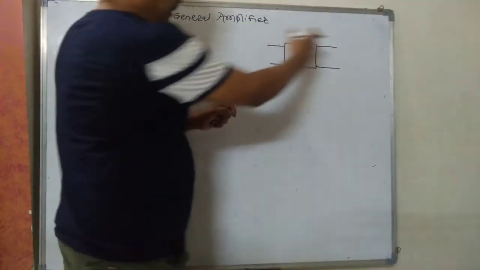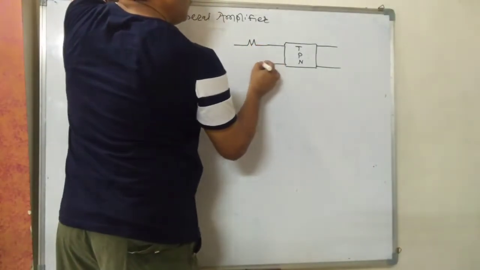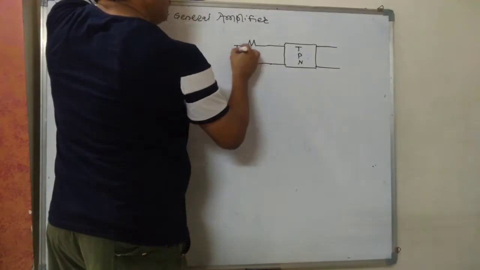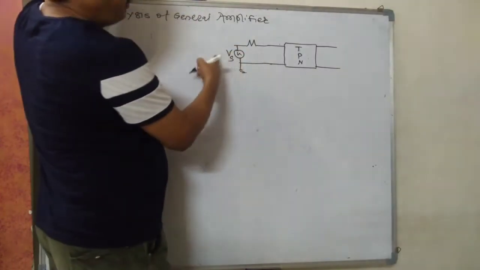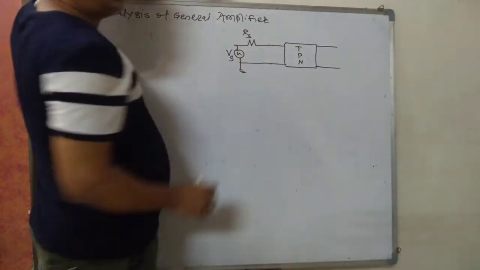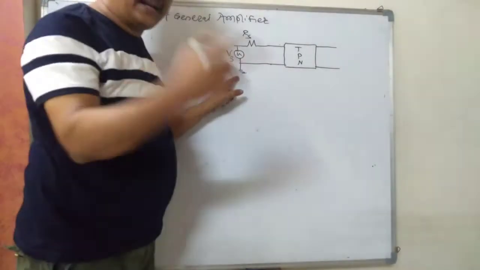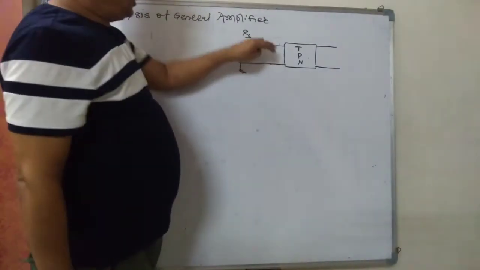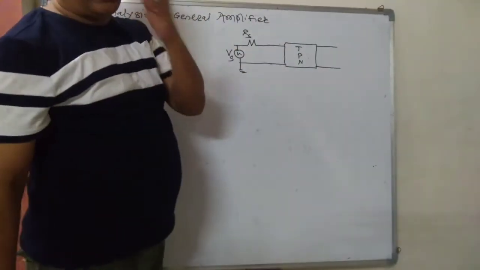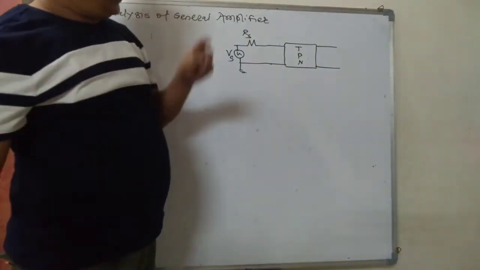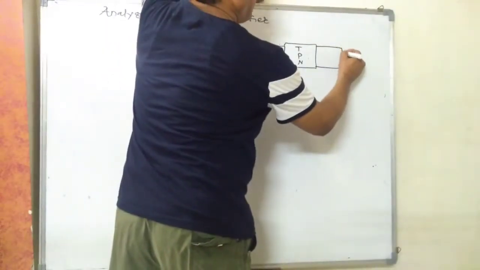So this is the input side, this is the output side. This is the sine wave. The generator through which we are applying the sine wave has an internal resistance, indicated as RS. The instrument through which we apply a sine wave is known as a sine wave generator. It has internal resistance RS. And to take the output, we have to connect some load across the output. So this is RL.